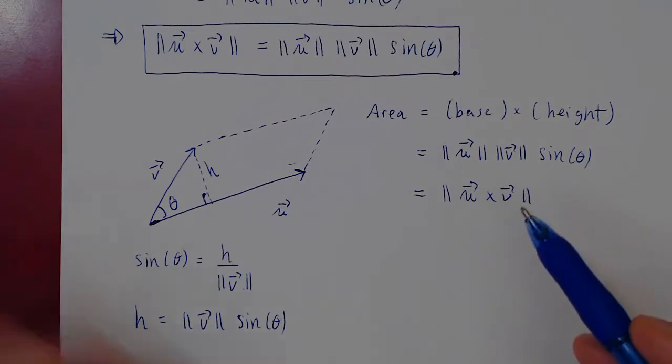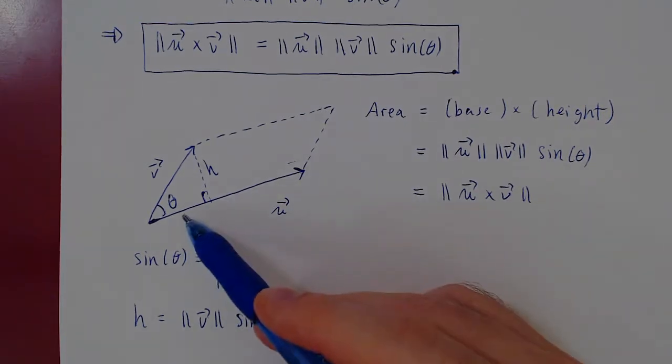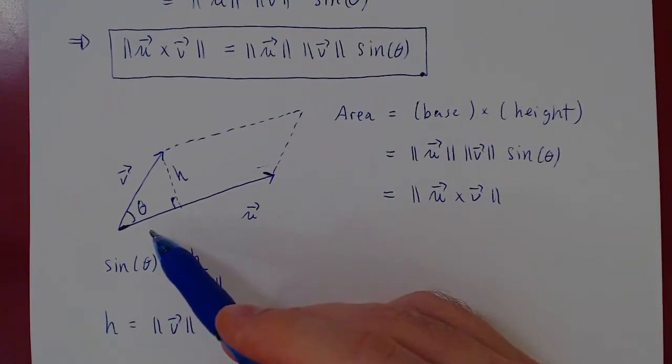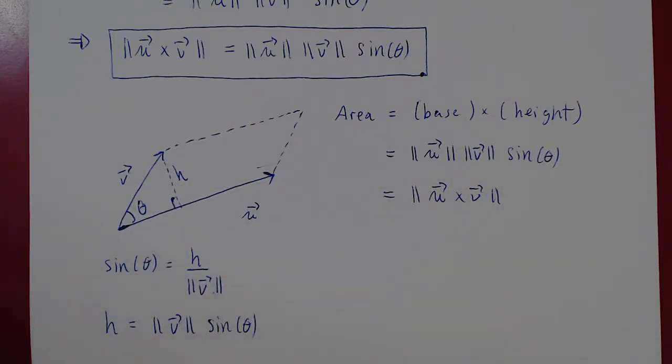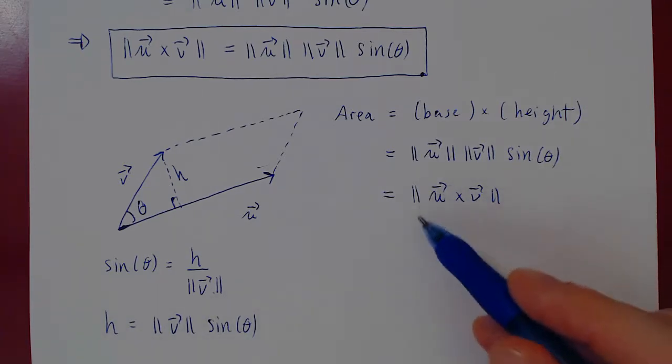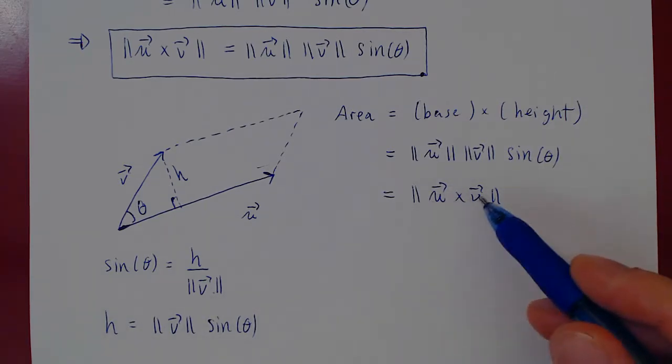why this is kind of a wild result. You have this figure, you have a parallelogram. If you cross u and v, we know that by crossing two vectors, the new vector u cross v is a vector perpendicular to both u and v.